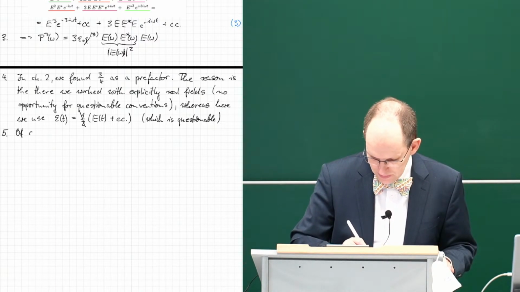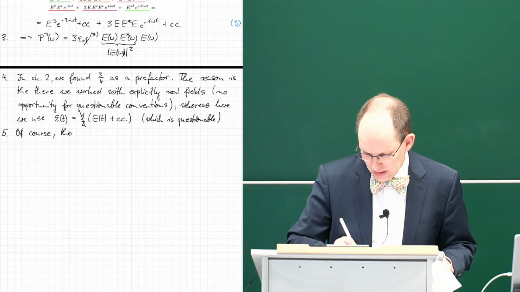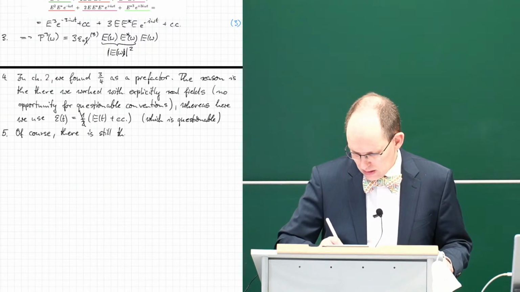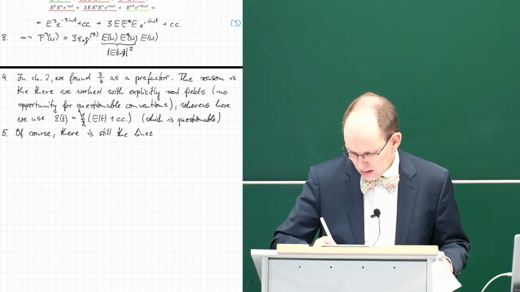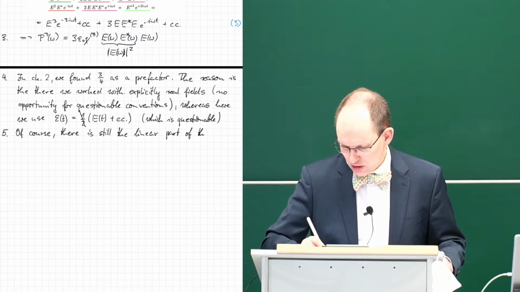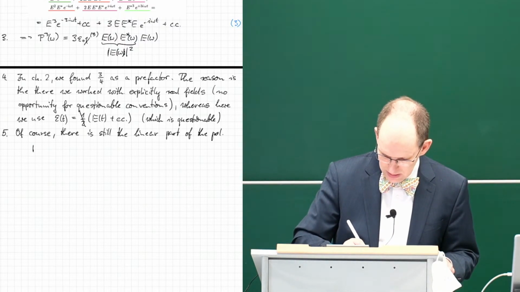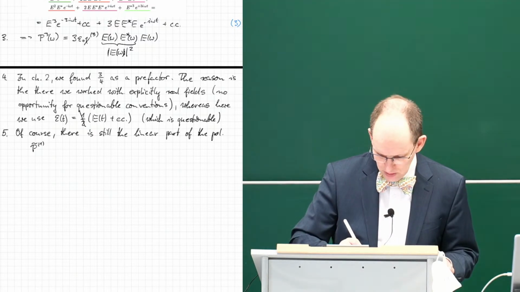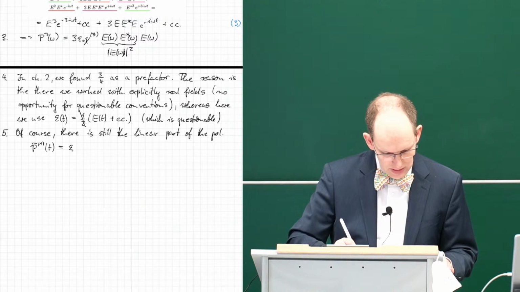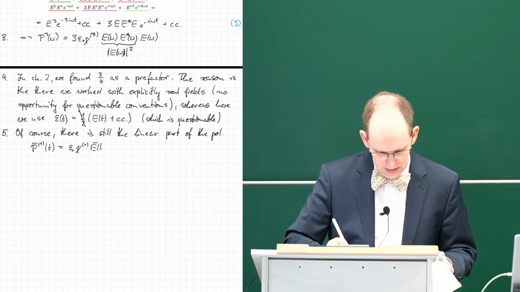Of course, there is still the linear part of the polarization. And this linear part is given by, we call it P1 of t is equal to epsilon 0 times chi1 times E tilde of t.